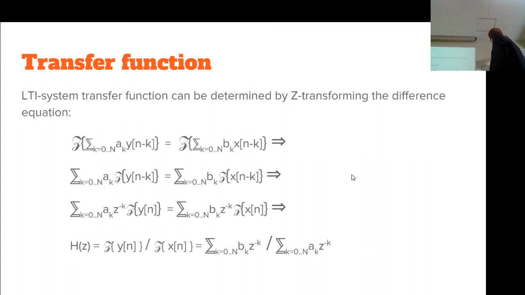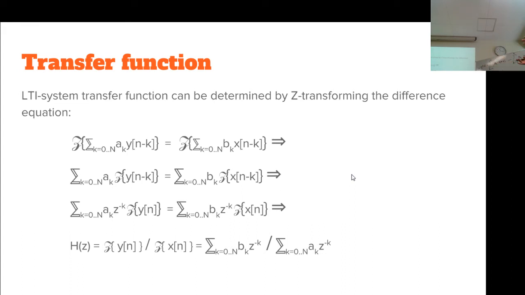Down below we have the sum for k from 0 to N, where a0 is 1 in this case, and here we have a_k times z to the minus k.